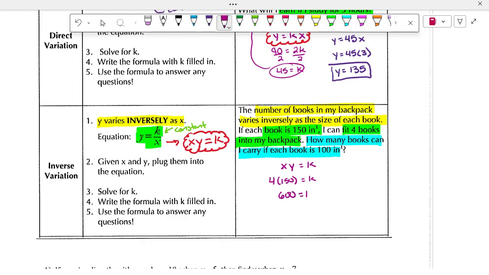So 600 is equal to k. Thus, x times y will equal 600. We were given 100 for x. So if x is 100, y is equal to 600 over 100. That means y, how many books I can fit in my bag, is 6.